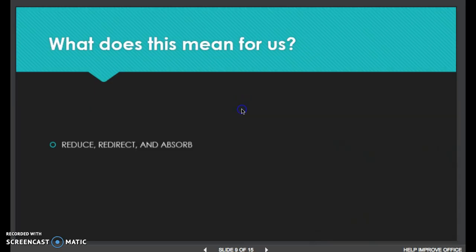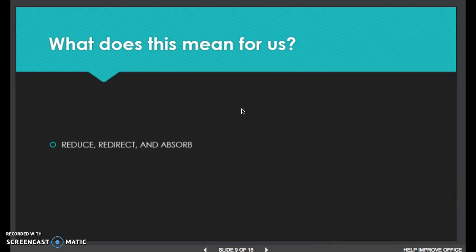Now, what does this mean for you? Well, you only have to save the egg. So, incorporate things into your design that reduce that impact, that make it hit slower, that redirect that energy around the egg. If you can design a structure where the energy from the impact with the ground does not go directly into the egg, that's a big deal.